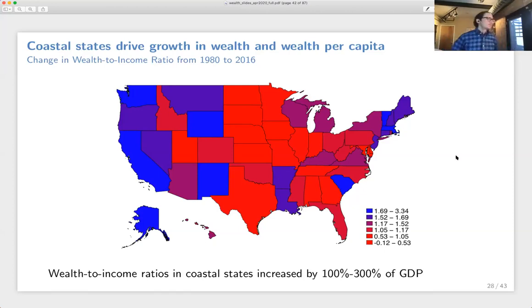So you can guess what's probably driving that. And what's also fun to note here is that this divergence in wealth to income ratios is of similar order of magnitude to what was documented in Piketty-Zucman's paper across the OECD, so across countries. So there's a lot of interesting inequality and geographic or spatial inequality stuff to dig into in the US. That could be interesting to look at in future work.